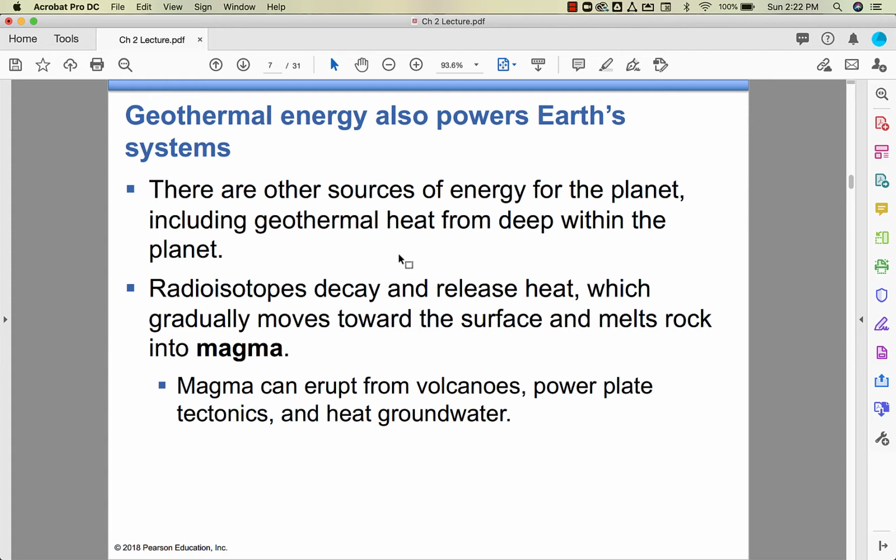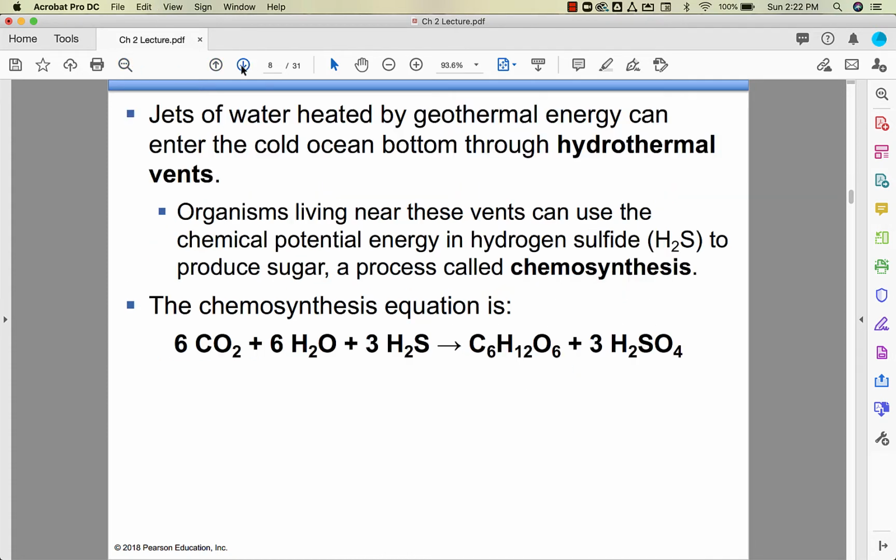They decay, they release heat, and that melts the rock below the surface to generate magma. Magma comes up and comes from volcanoes. It moves plates through the process of plate tectonics, and it heats groundwater, like I mentioned when we talked about geothermal energy.